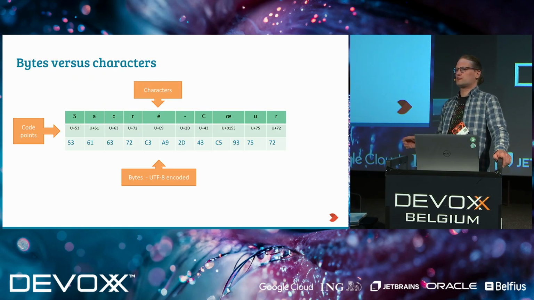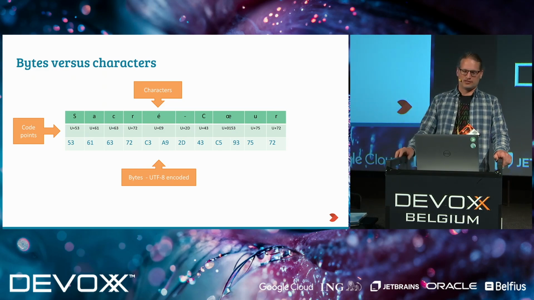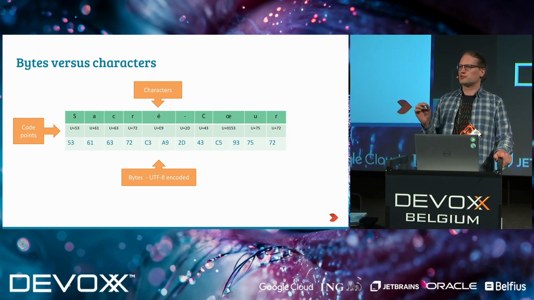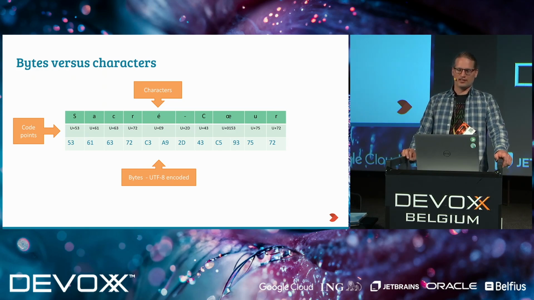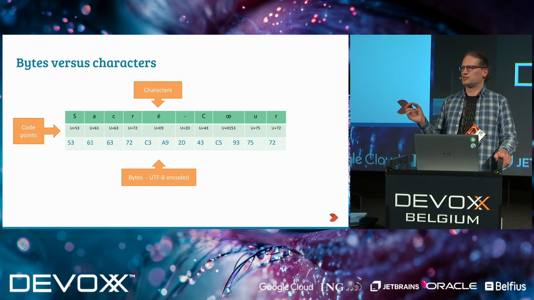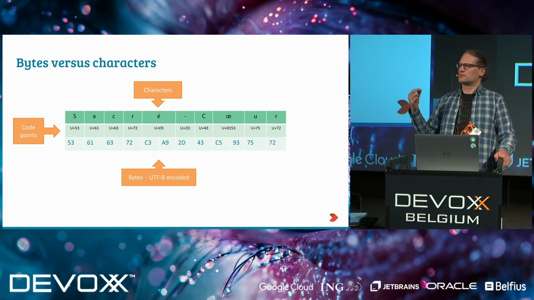So now, in order to solve the puzzle, we understand the difference between bytes and characters. Here's an example. If I take the phrase Sacré-Cœur, you can see all the code points to encode these symbols, and below it, you see the bytes. You see that often in UTF-8 encoding, a letter is just 1 byte, but sometimes it's 2.